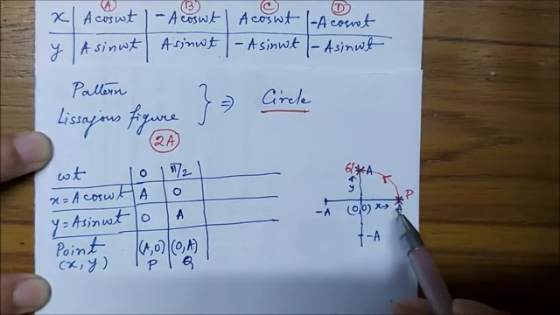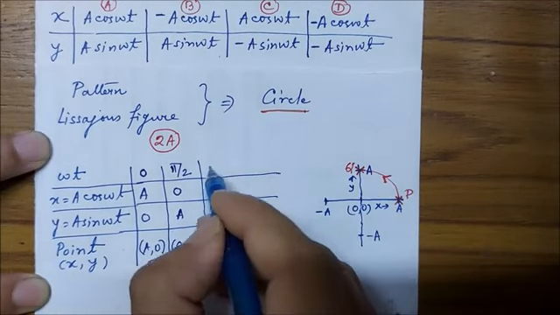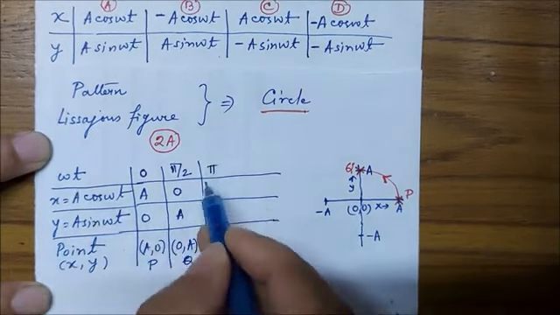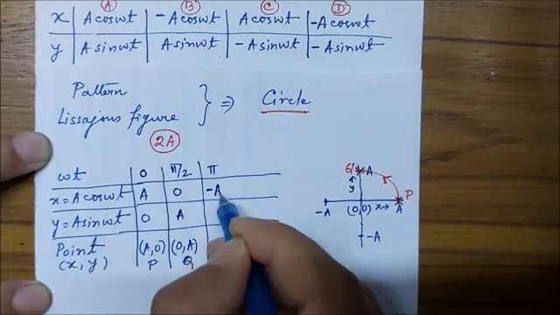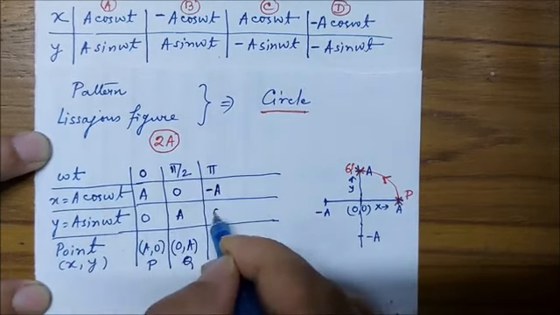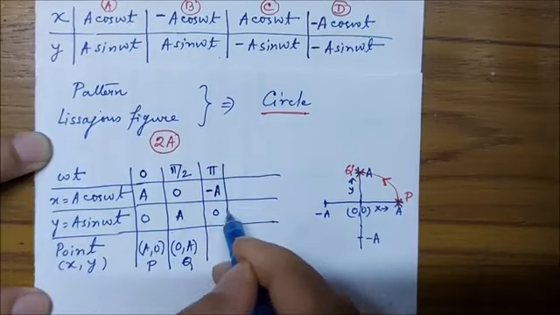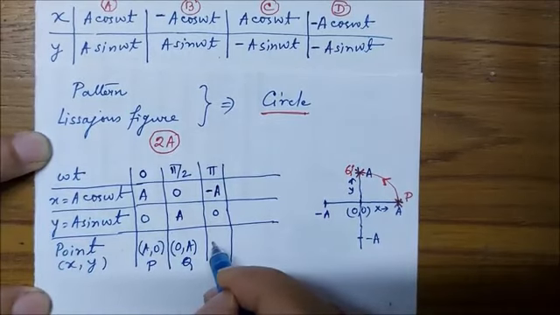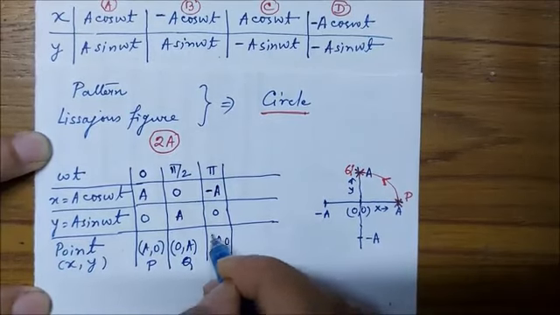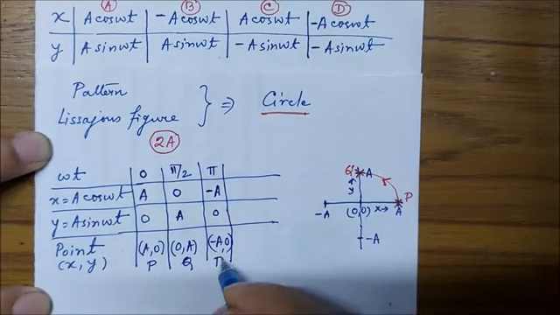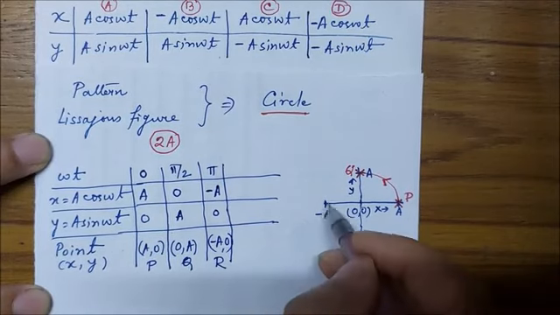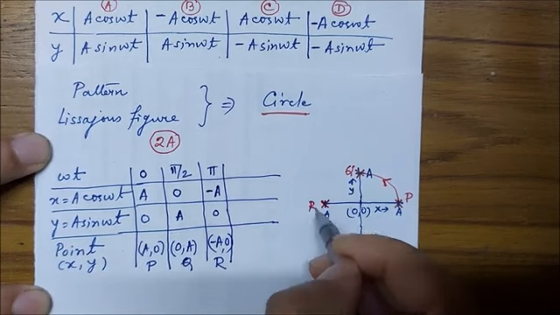Let us verify the thing. So now omega t is pi, and then x is minus a and y is 0. So the coordinate is minus a, 0, which is R point, say.